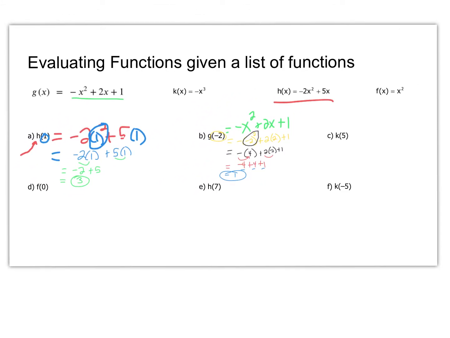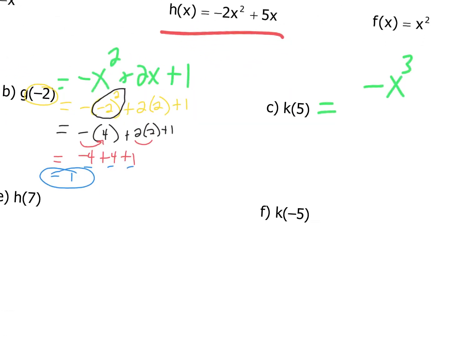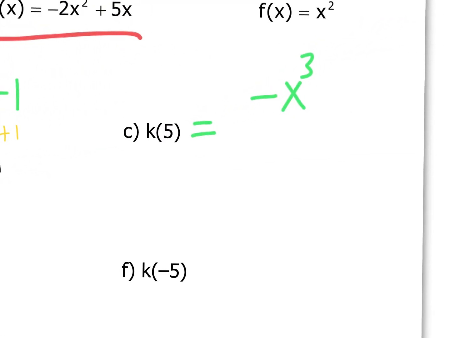Alright, let's look at the next one. We're going to use the k function this time. So the k function, according to our list, is negative x cubed. This says we're going to put 5 in for the x.